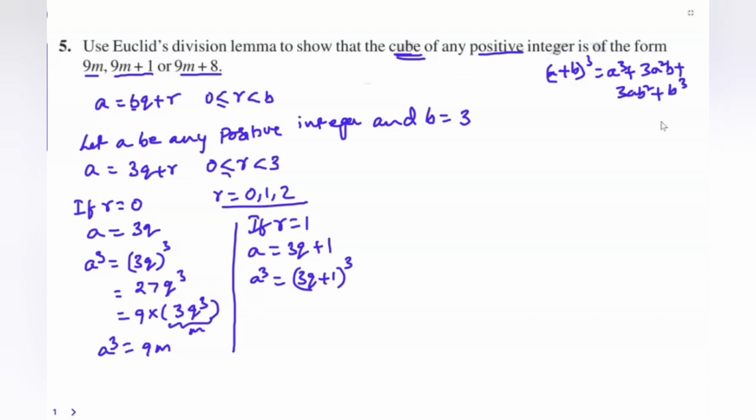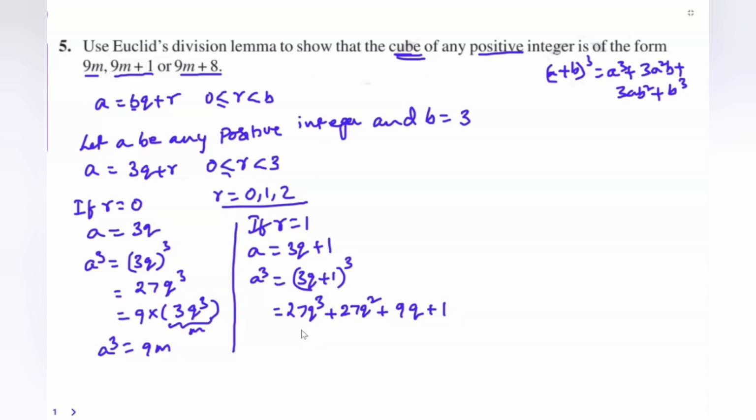Let us substitute the values of a and b: (3q) whole cube, which is 27q cube, plus 3a square b, 3 into 9q square into 1, which gives 27q square, plus 3ab square, 3 into 3q into 1 square, which is 9q, plus 1 cube, which is 1.